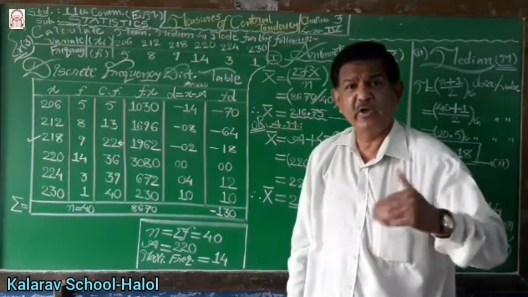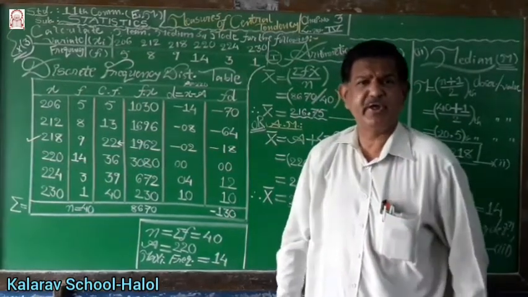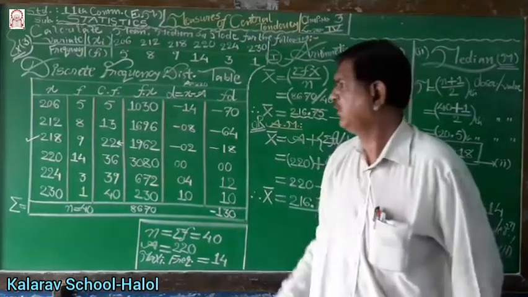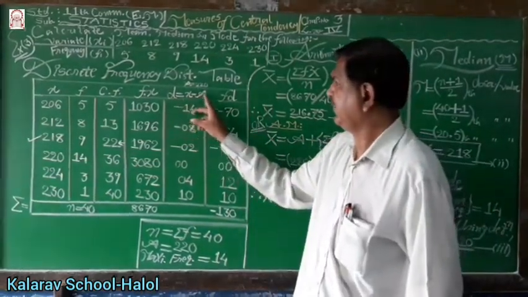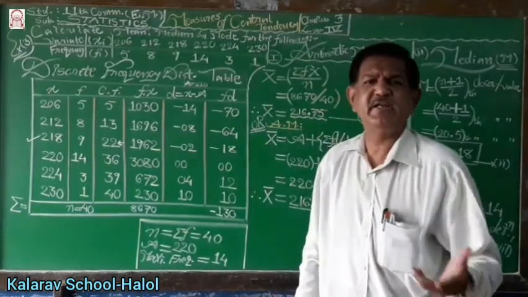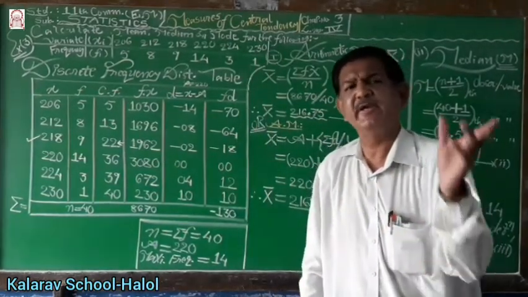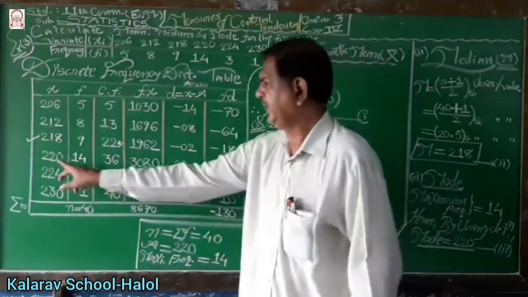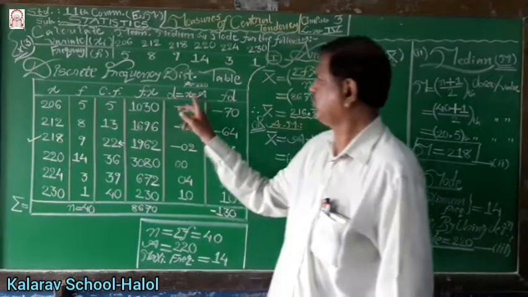Then for calculating mean by another method, the shortcut method or step deviation method, using the assumed mean method, D means X minus A. Take any value, not necessarily a value inside the Xi. You may select another value outside this also. For convenience, we take 220.